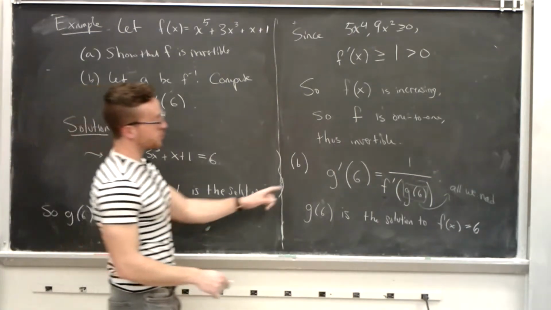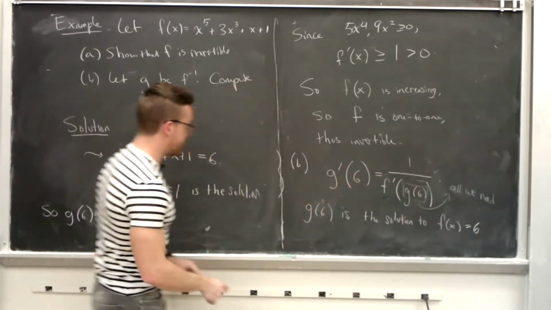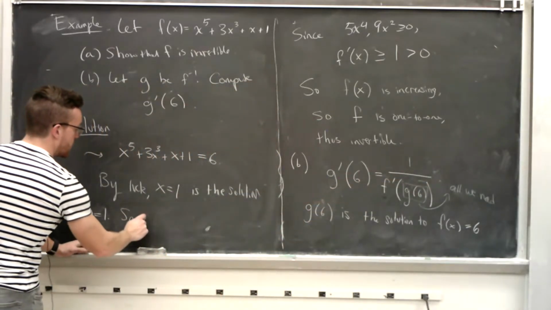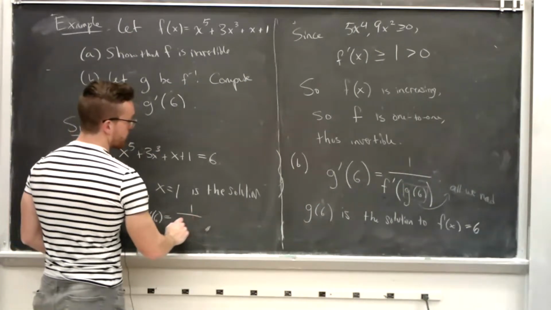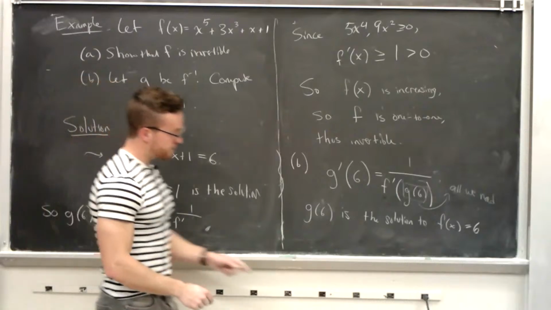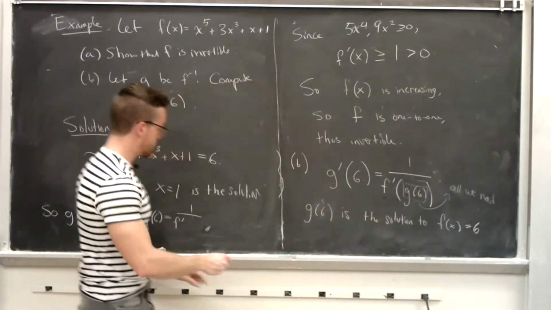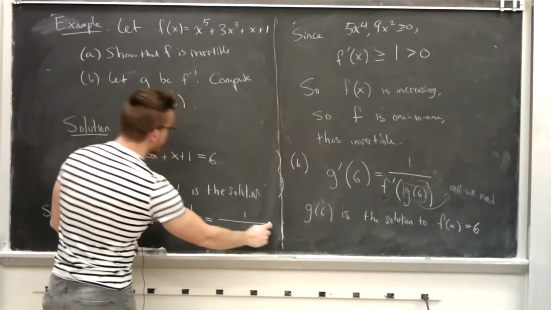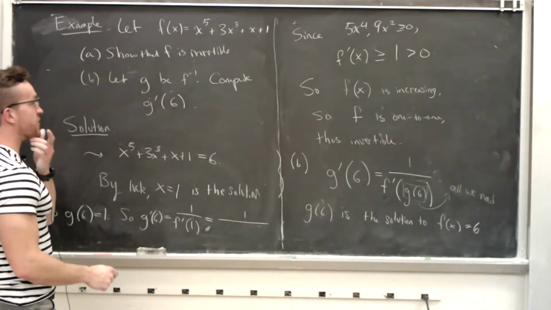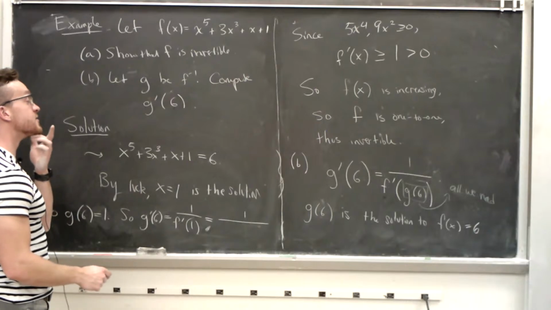Okay, so then we can put all this together. G prime of 6 is going to be 1 over f prime of g of 6, which is f prime of 1, which is 1 over, let's see, where was f prime? Oh, I erased it.